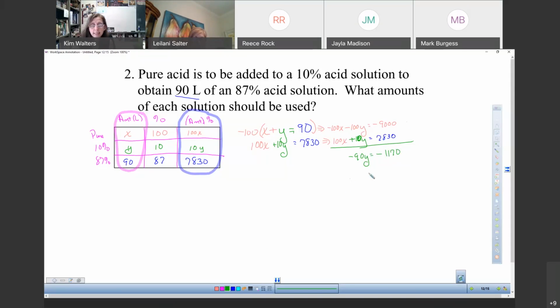If you accidentally lost a negative sign and you get y is equal to a negative 13 rather than a positive 13, I hope you know that there's a mistake, because I can't have a negative amount of a solution, okay? So be careful there. So I need 13 liters of the 10% acid solution.